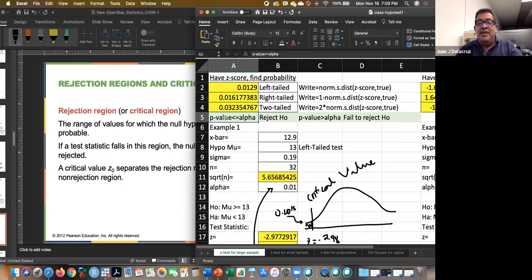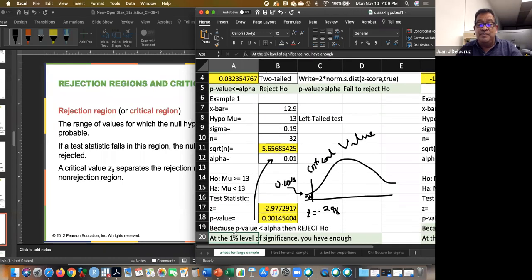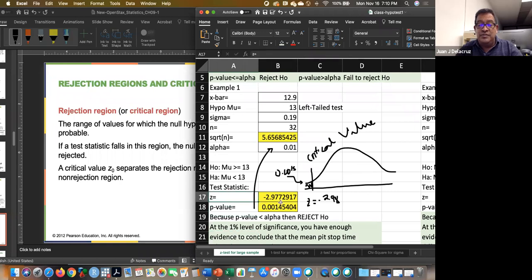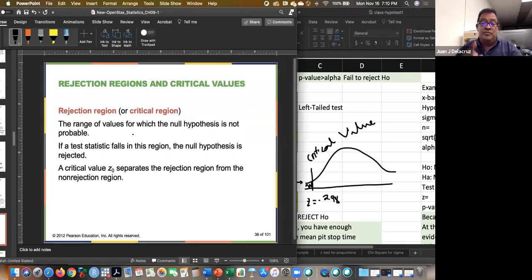So listen to this: the rejection region or the critical region is the range of values for which the null hypothesis is not probable.